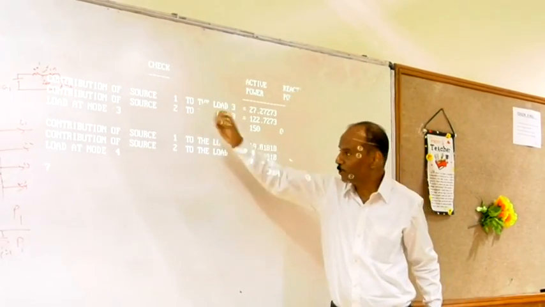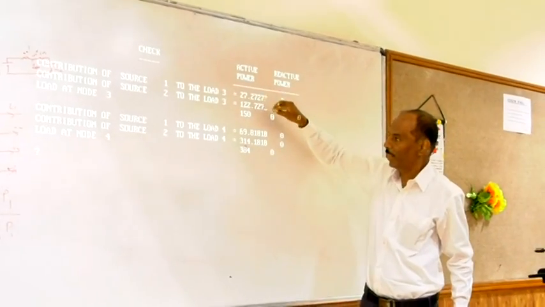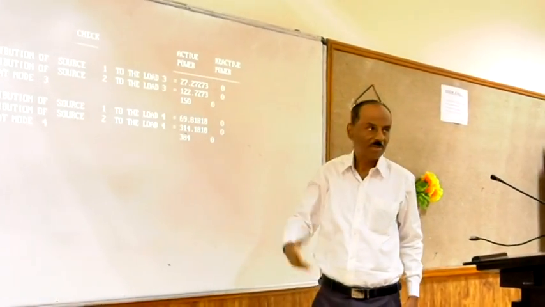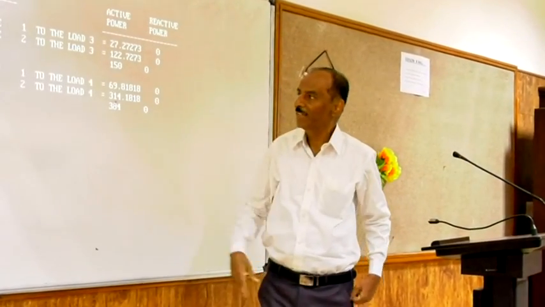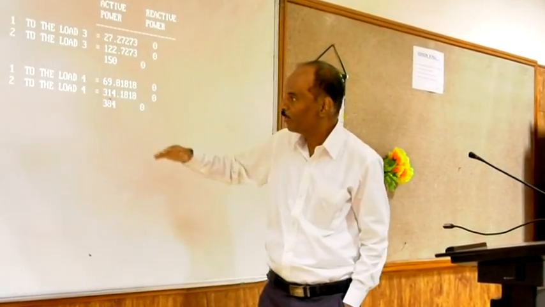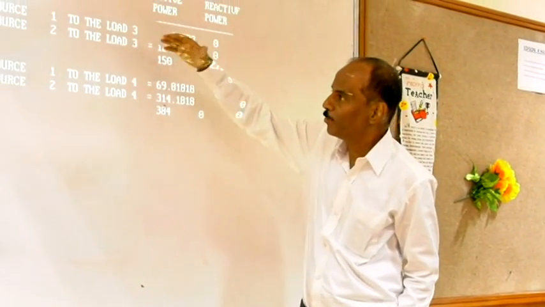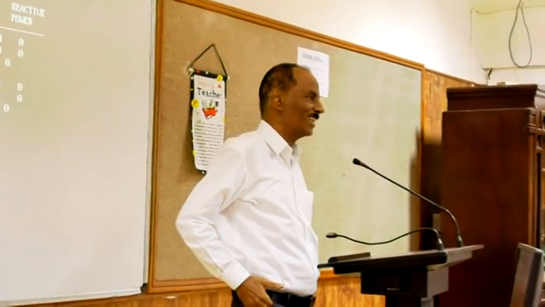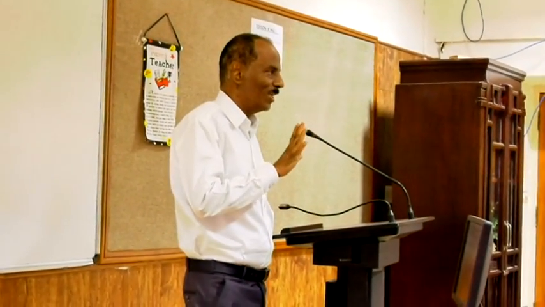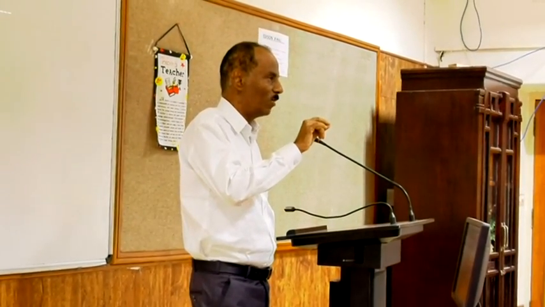So how the two sources share the load at 3 and load at 4, and how the total load, the entire system, is shared. You add these and you get the total load of the entire system shared by the first generator, the total share identified as load share.